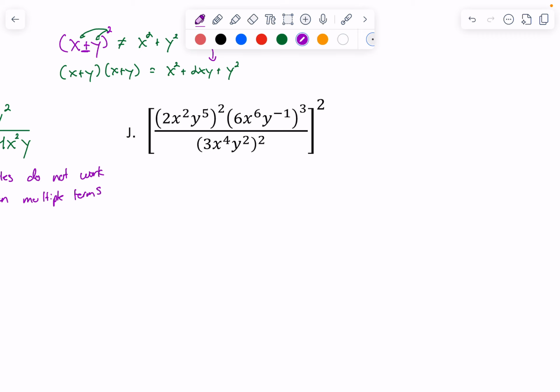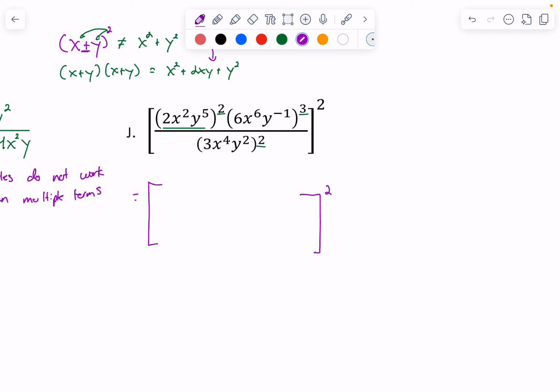You can think of this as, oh, I have all these brackets being put to a larger exponent of 2, so I can use my power to a power rule. But remember I was saying, work from the inside outwards, okay? So look at your brackets here and work inwards and then out. So deal with this exponent and this exponent first. So you still have this big bracket here. We'll deal with this last, okay?